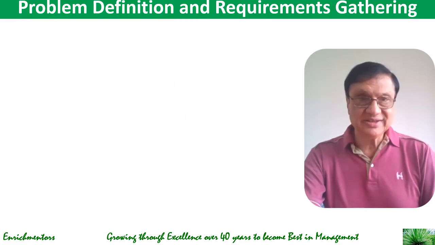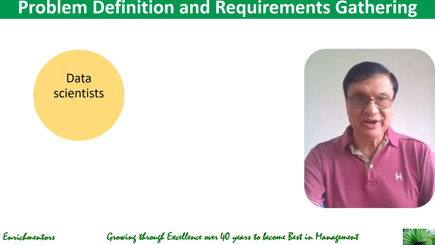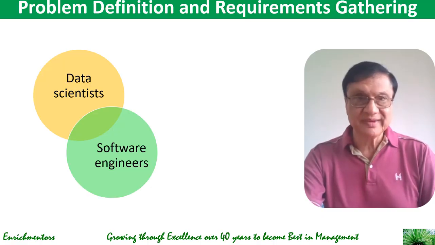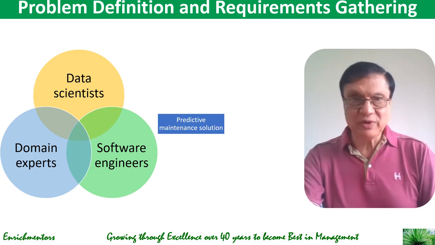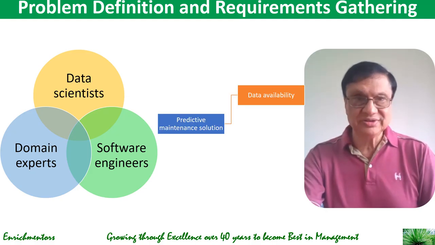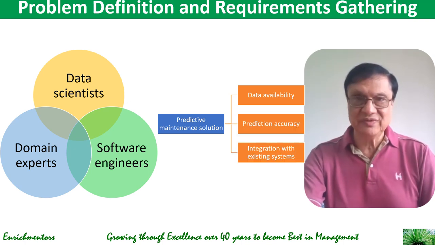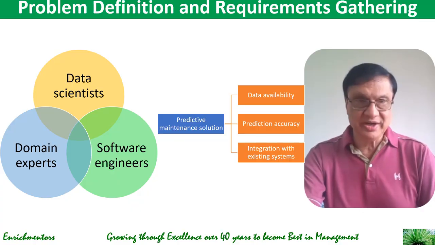Now the data scientists and software engineers collaborated with domain experts to understand the requirements for a predictive maintenance solution, which required data availability, prediction accuracy, and integration with the existing system. So first they understood the requirements, the whole team along with the AI engineer.